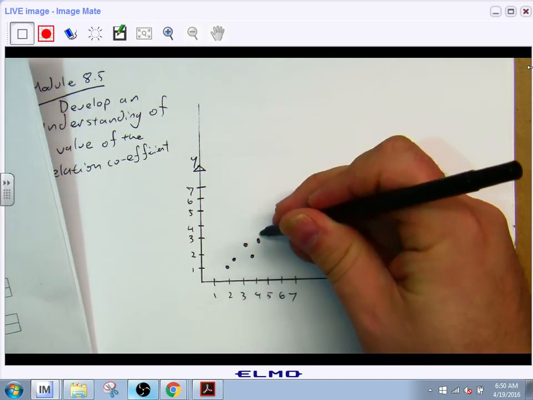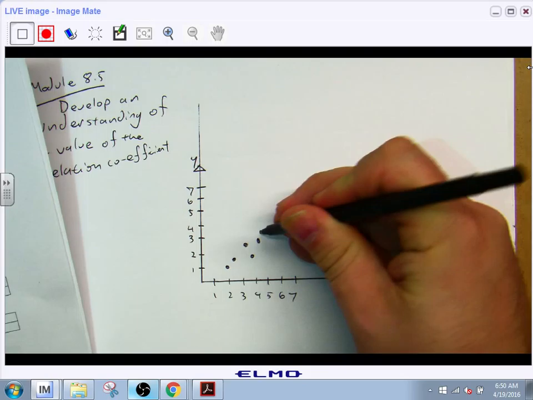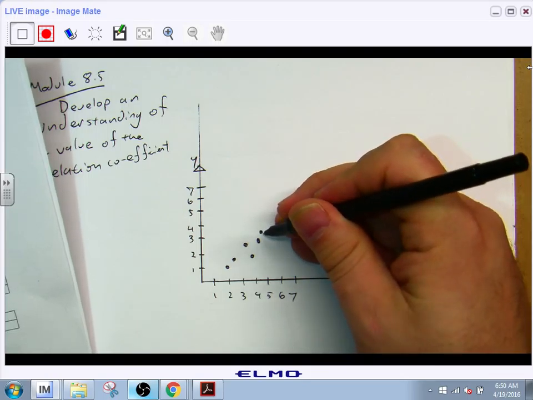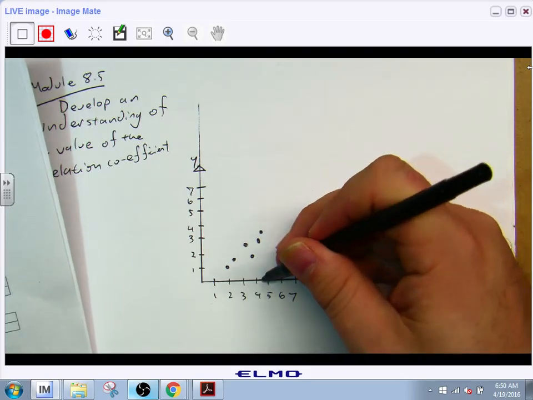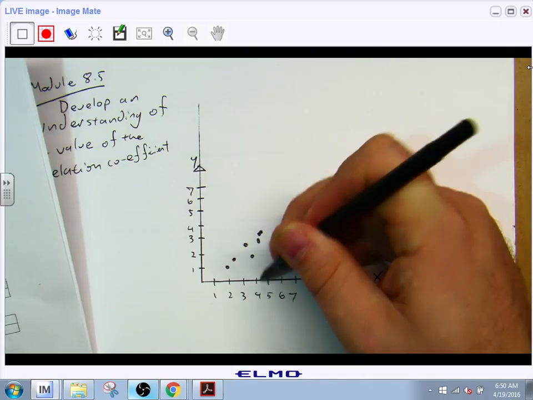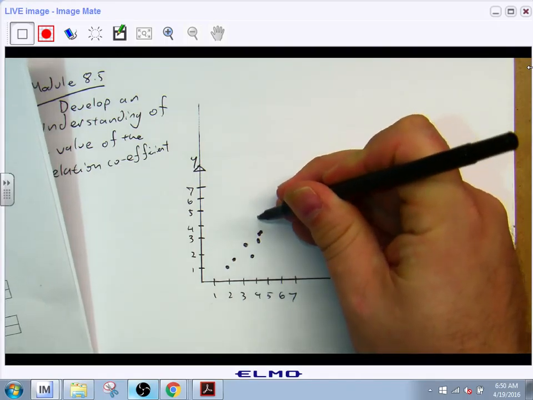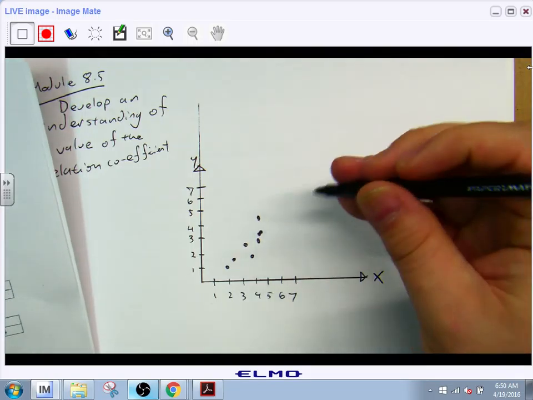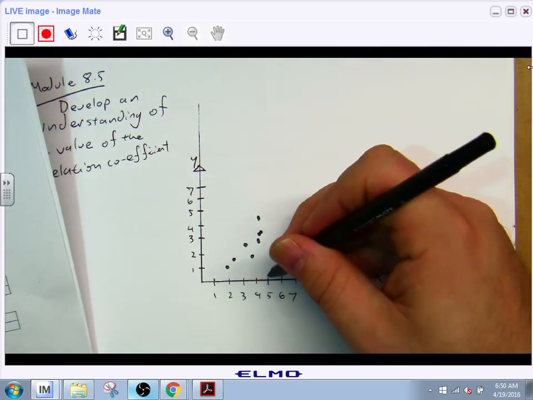Then 4.5, 4.5. Whoops, that's actually higher. It's up right here. 5 and 3.7.